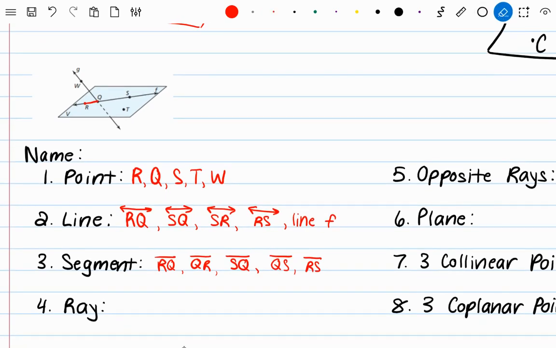Now a ray. A ray is where the order matters because we need an endpoint and then we need to go off in one direction. So if I have Q be my endpoint, then one ray can be QW with the arrow above W. Another example could be QS.